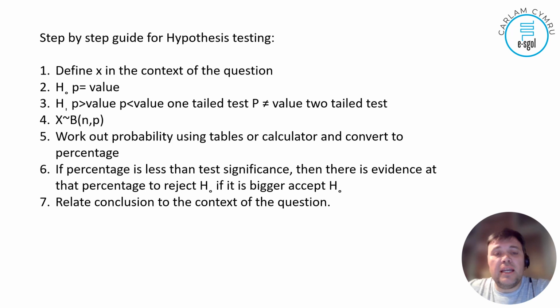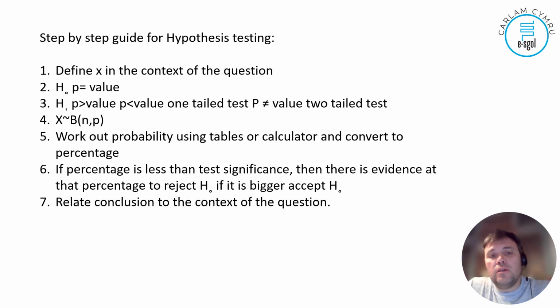Then if it states that the probability does not equal, so it doesn't know if it's greater than or less than, but they believe that there is a change, how you would state that would be P with a slash through the equals sign to show that the probability doesn't equal whatever the value is, and this would be classed as a two-tailed test.